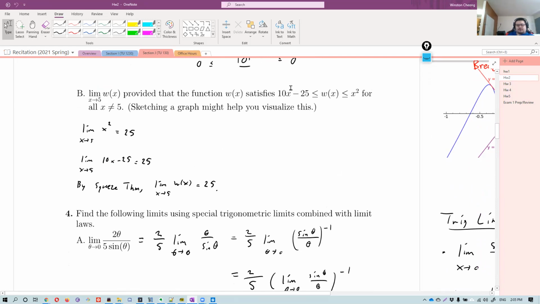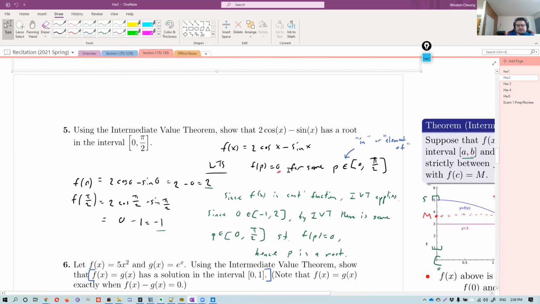This is true almost everywhere except x equals -5, which really isn't even a condition that's needed. Since these two give you the same value, squeeze theorem says that when you take the limit of w of x as x goes to 5, the two bounding functions squeeze w so that it can only take one specific value, namely 25.